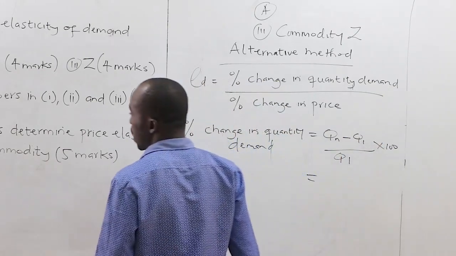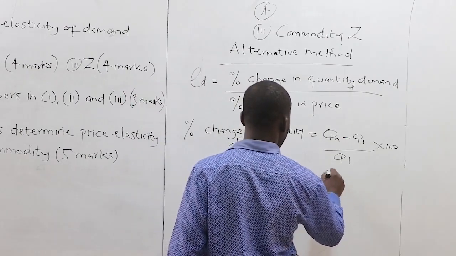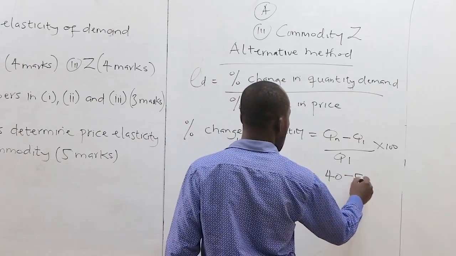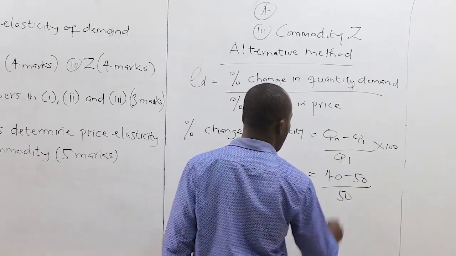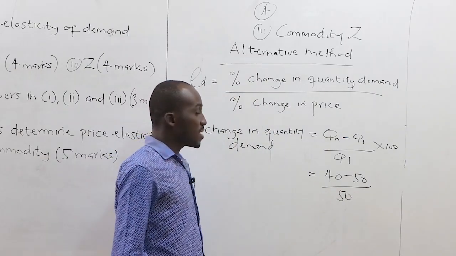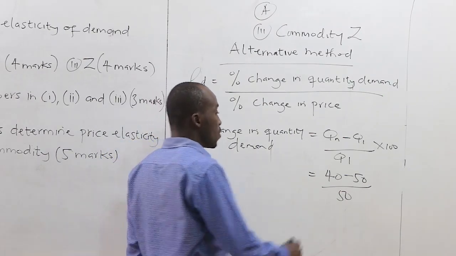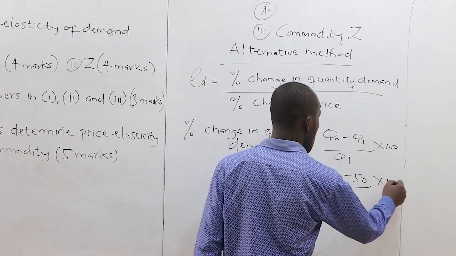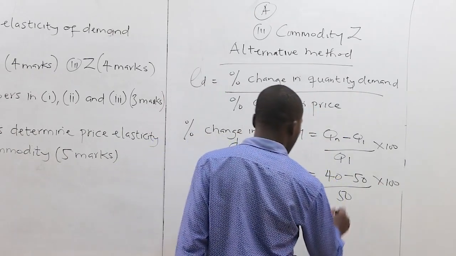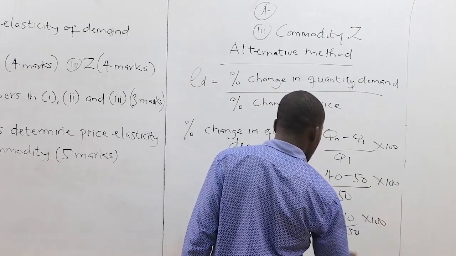The question, what is the new demand? The new demand is 40. The initial demand is 50 from the question, divided by initial demand 50. If you do it, this one will give you negative 10 over 50 times 100.